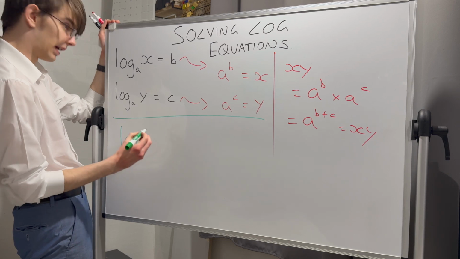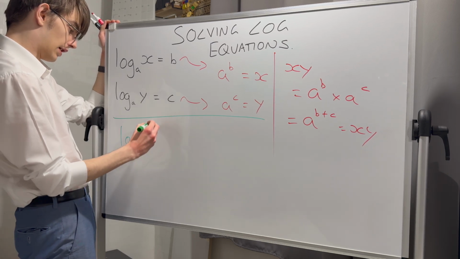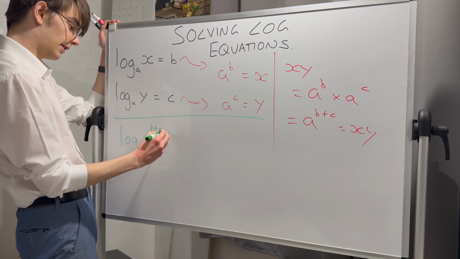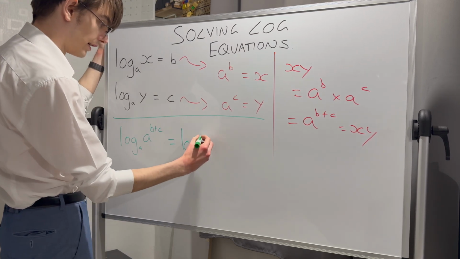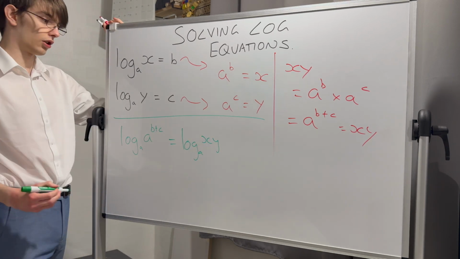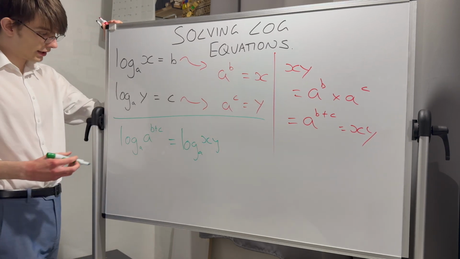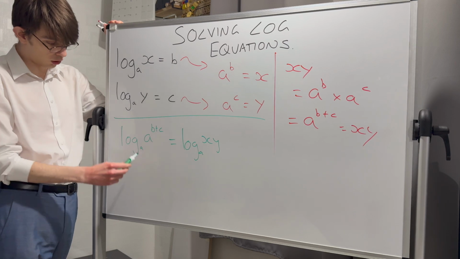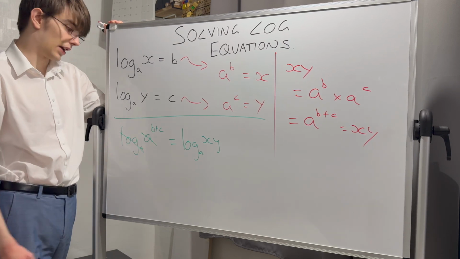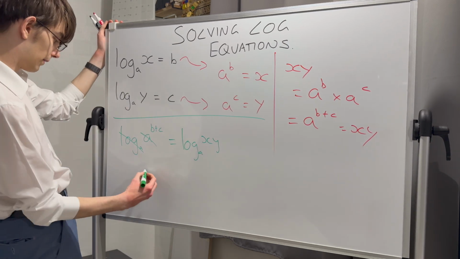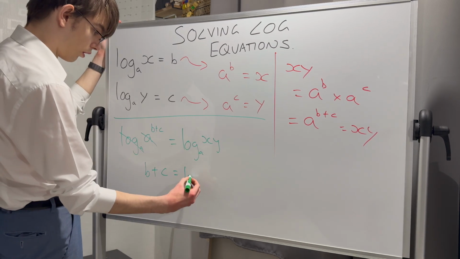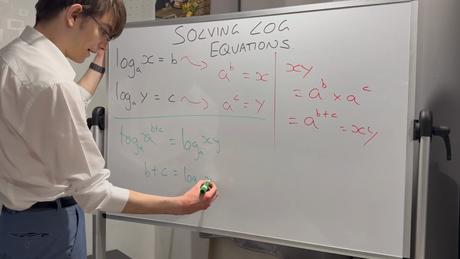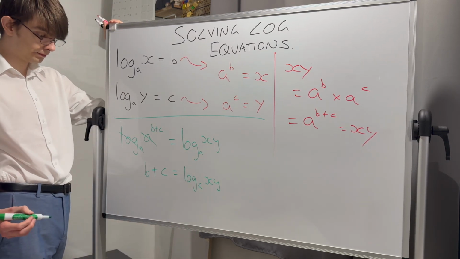So log of base a of a to the b plus c is equal to the log of base a of x times y. Now, over here, I've got log of a and an a. They're going to cancel, and I'm going to be left with b plus c equals log base a of xy.